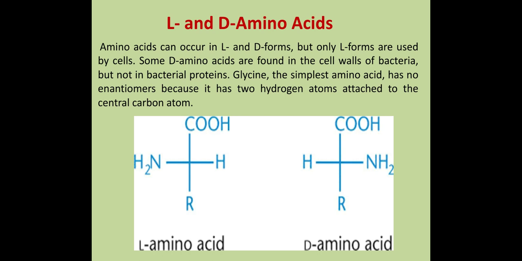The amino acids found in proteins belong to the L series. Many of the naturally occurring L amino acids rotate the plane of polarized light to the left. They are known as levorotatory. While other amino acids rotate the plane of polarized light to the right, they are known as dextrorotatory.